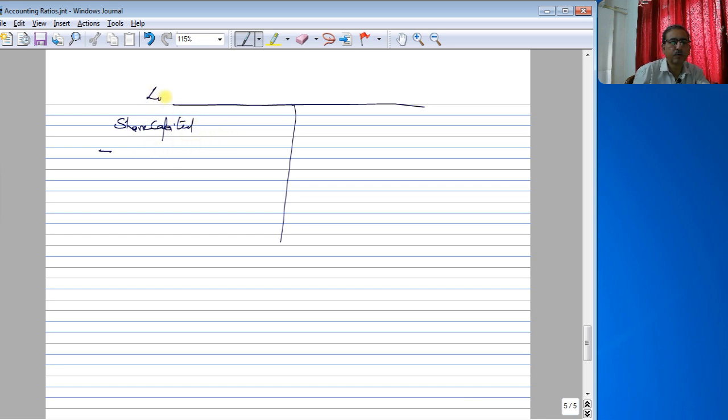This is the liability side of the balance sheet, and this is the assets side, and this is obviously a balance sheet format of an entity. Share capital is given here. Then your non-current liabilities will come here. Then your current liabilities.